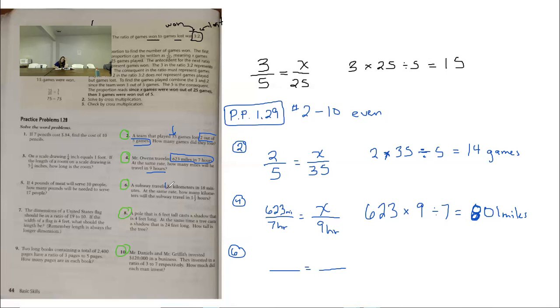Because it was 23 kilometers traveled in 18 minutes. Perfection. So let's put that in our proportion. 23 kilometers, 18 minutes. All right. Now, it wants us to figure out how many kilometers the subway will travel in 1.5 hours. All right, what's going on with that?